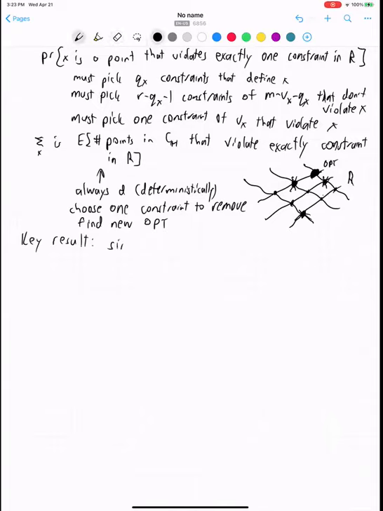Or sorry, not simplex, but this LP algorithm in time which was like log n to the log d time. Sorry, I left out a term before, but there's the base case, right?